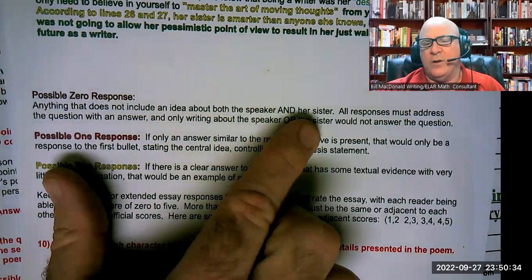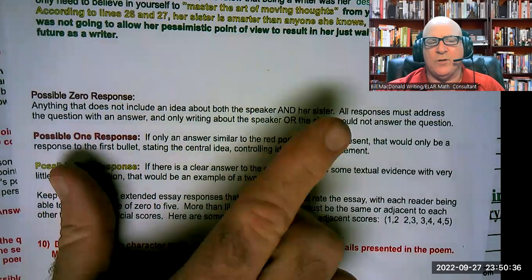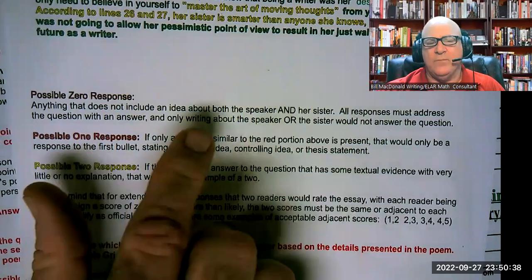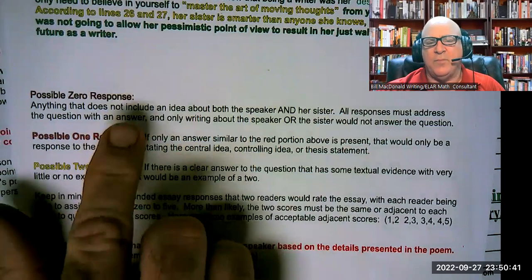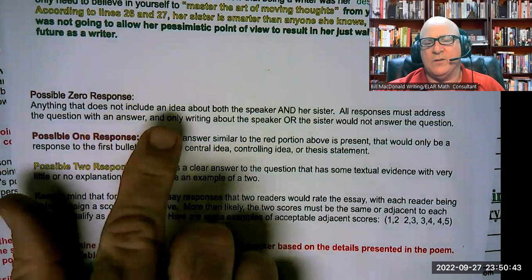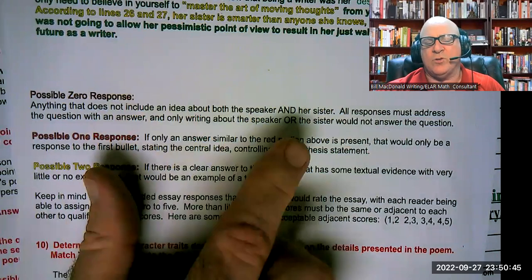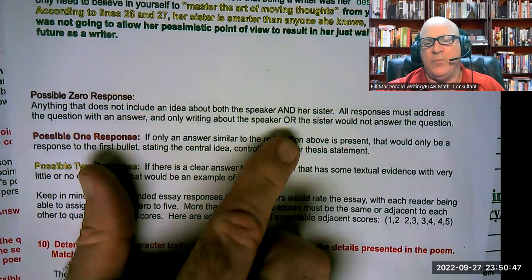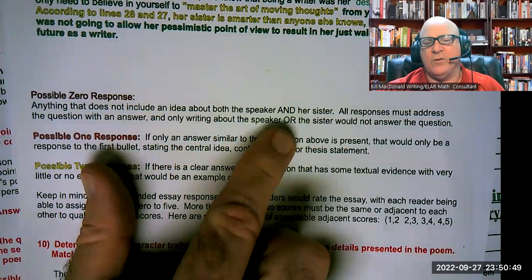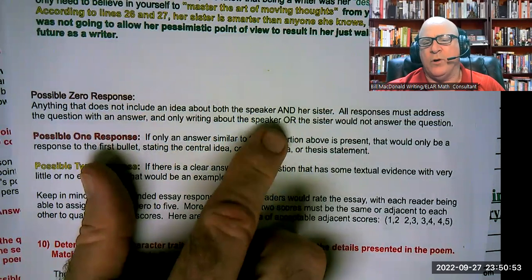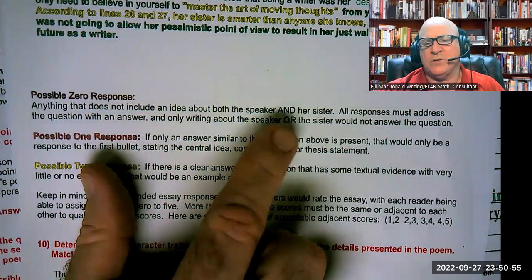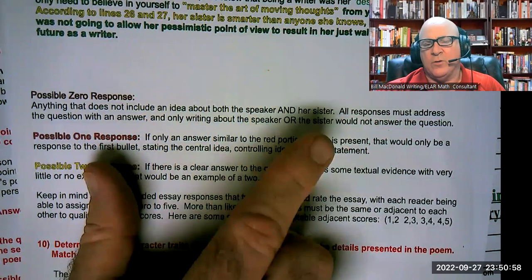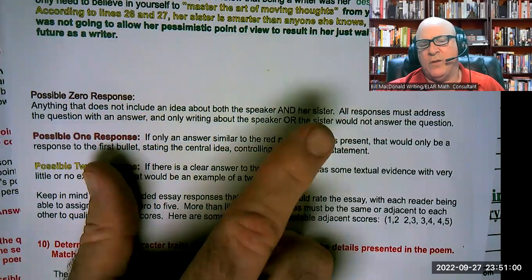Again, all responses must address the question with an answer, and only speaking about the speaker or the sister would not answer the question. So you wouldn't get any points if there was something about just the speaker or just the sister of the speaker, the one who wants to be the writer.